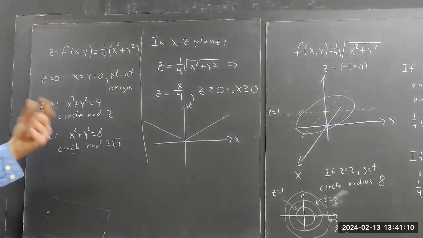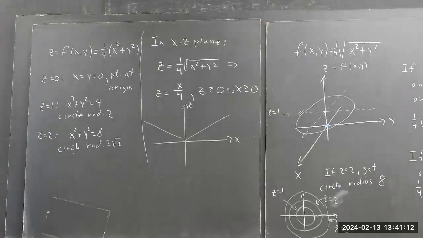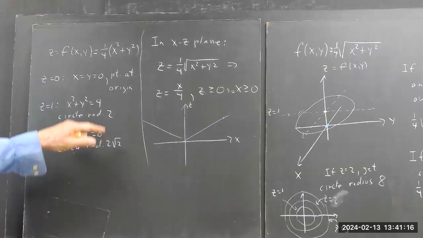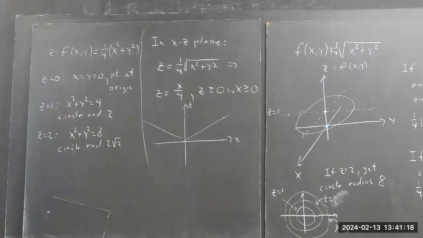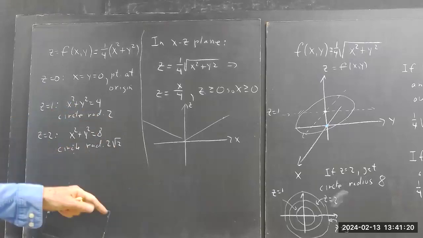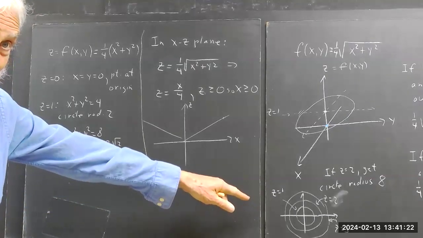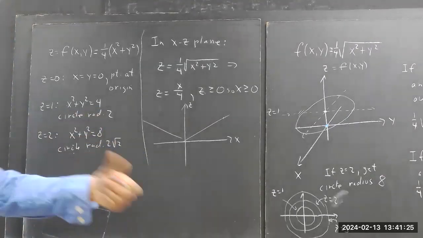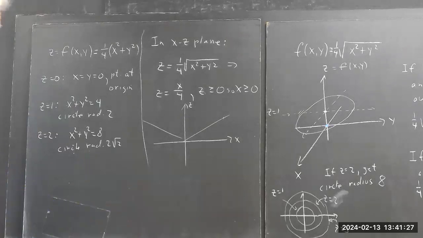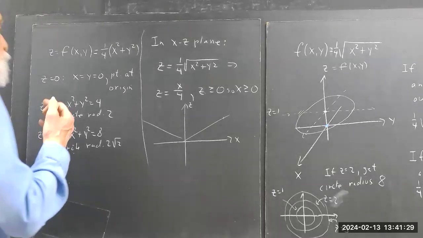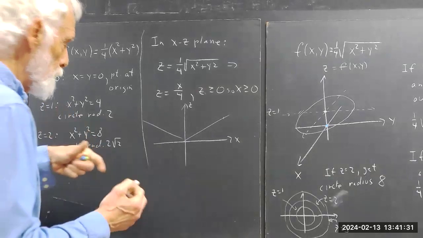Now, the circle got raised to square root of 2, right? Meaning we can compare how big this circle is and how big this circle is. It's not twice as big as it was down there. It's only square root of 2, approximately 1.4 times as big, about 40% bigger.